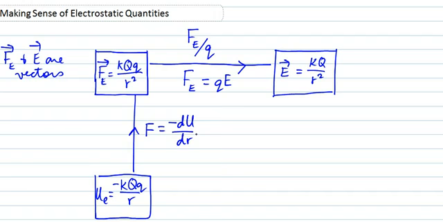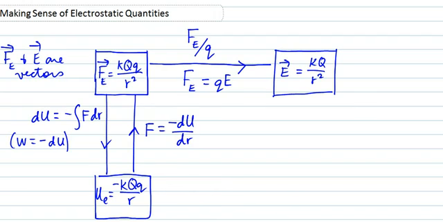And so you see how force and potential energy are related as far as electric quantities are concerned. And we also remember that in order to find work or potential energy, we take the integral of F dr, and that gives us potential energy. Just a reminder that work is negative change in potential energy.